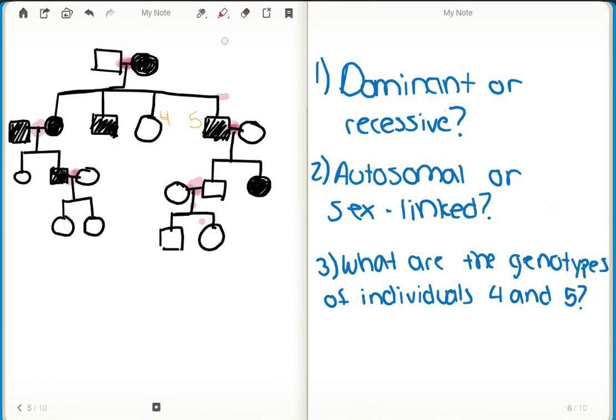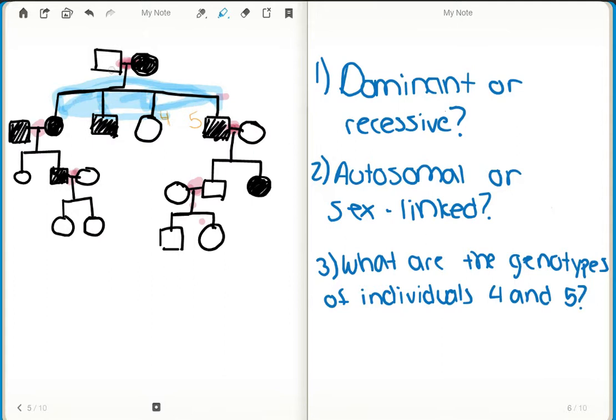So those are all the marriage lines. But there's also children in a pedigree. So we'll highlight those blue. So all of these are the children, and they're all siblings to each other. So they're all sisters and brothers.